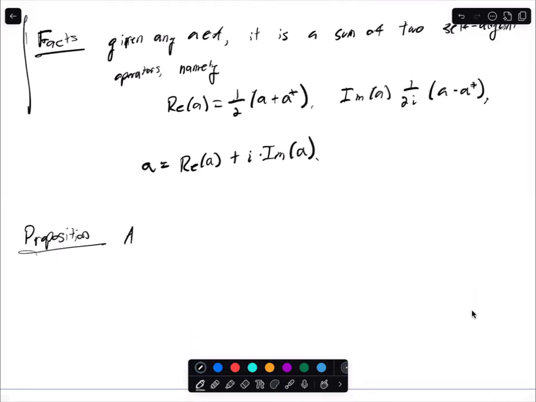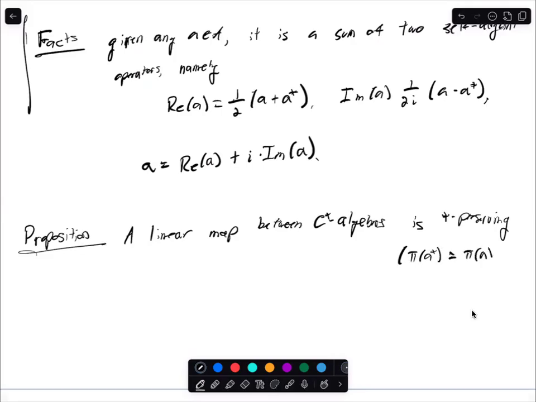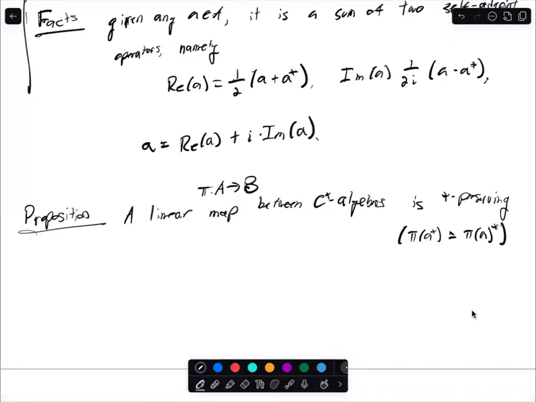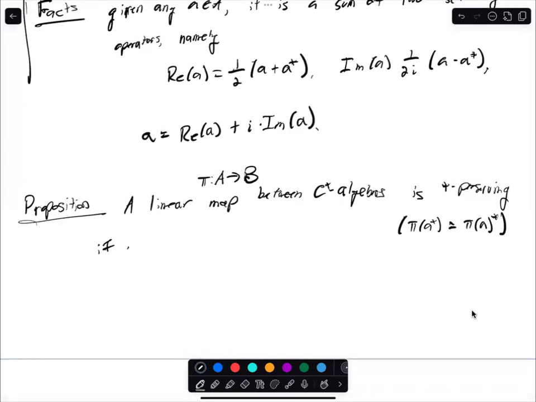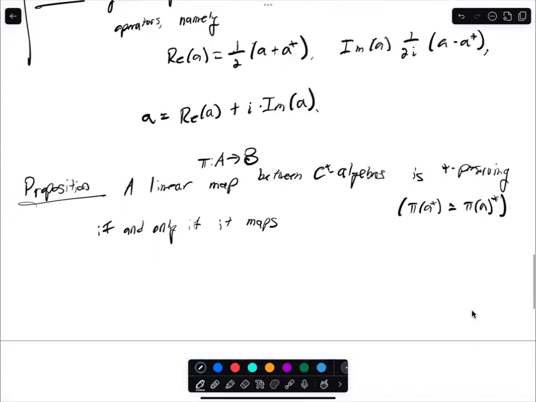So this proposition tells us a linear map between C-star algebras is star preserving, so that means that pi of A star is equal to pi of A with the star on the outside, taking the adjoint of the image, if and only if it maps self-adjoint elements to self-adjoint elements.